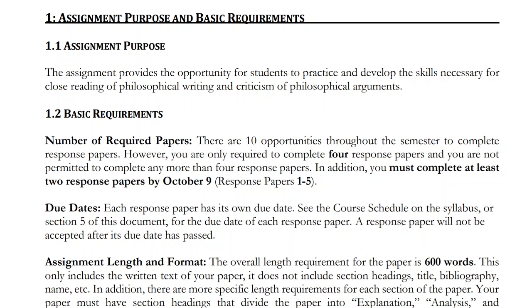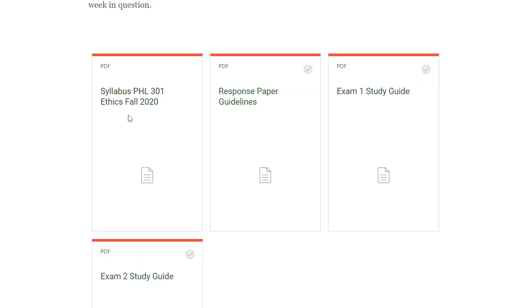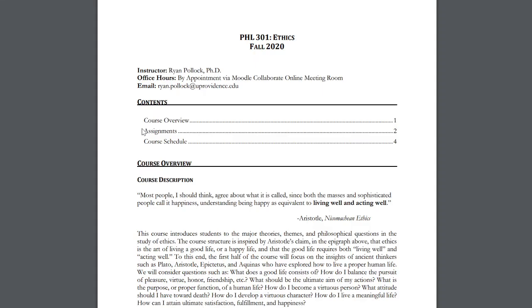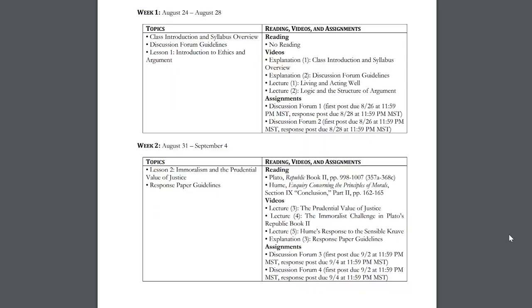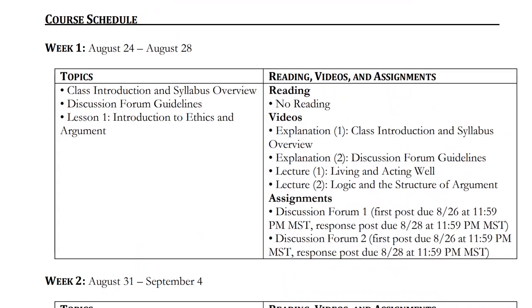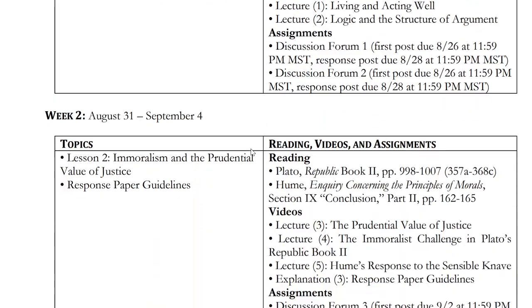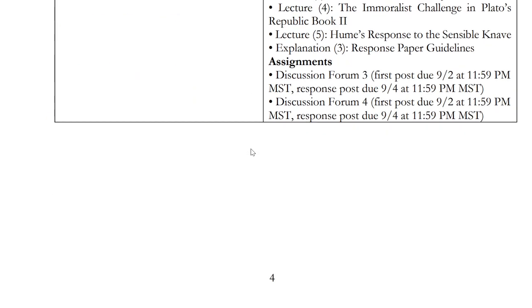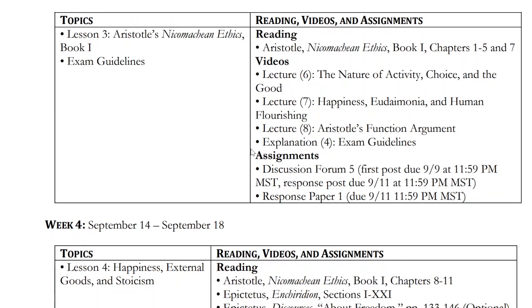So if we go back to Moodle and check out the syllabus, and go to the course schedule, here we are in week 1, but the response papers aren't actually due until week 3. Okay, so here's the first week in which we have a response paper due. You'll notice in the assignments area that response paper 1 is listed. It is due on September 11th by the end of the day.